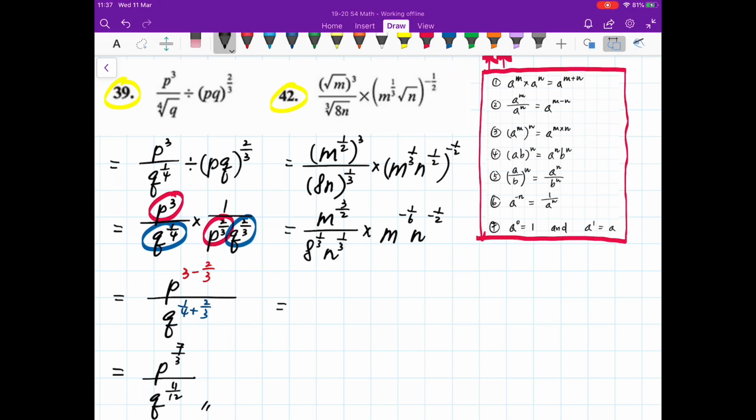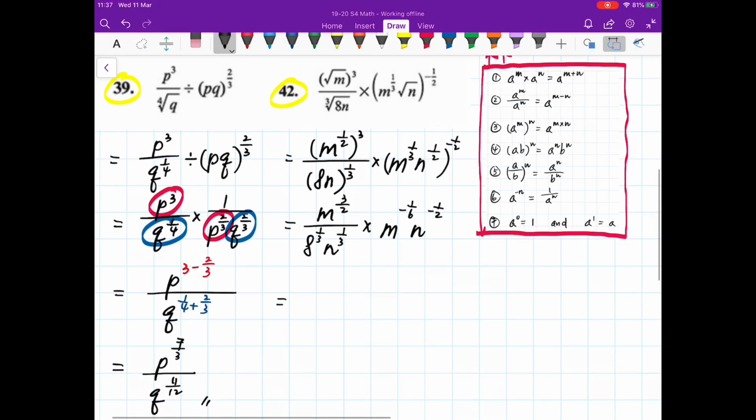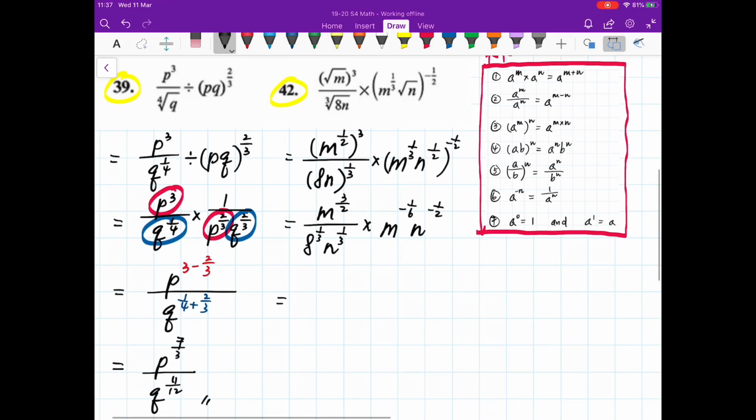And finally we are going to apply rule number 1 and rule number 2 again. For m, we apply rule number 1 so that we have m to the power 3 over 2 plus negative 1 over 6.